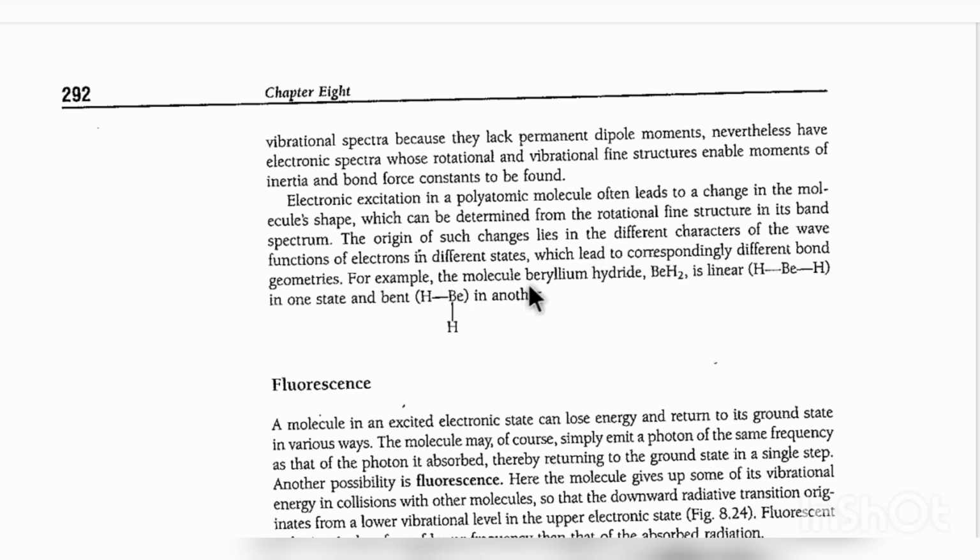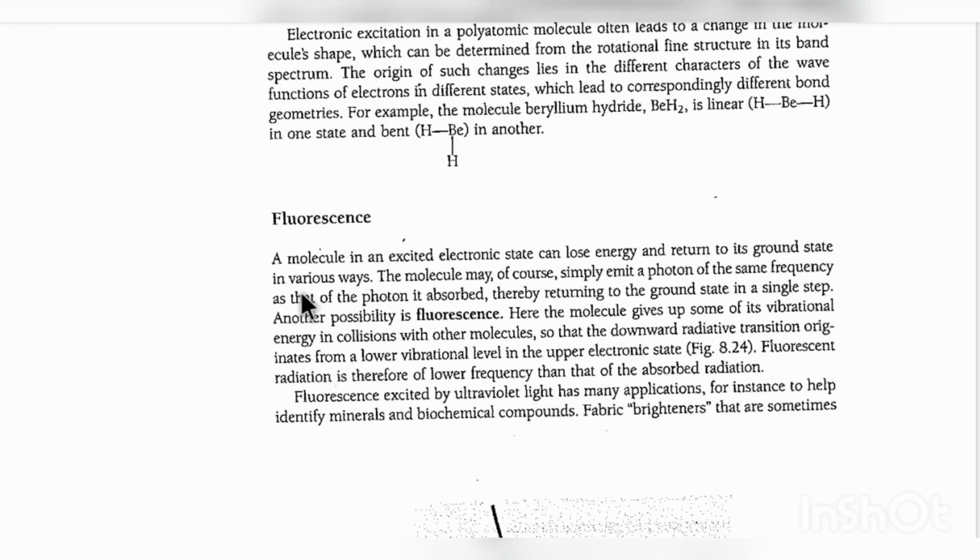For example, the molecule beryllium hydride, BeH2, is linear, with an H-Be-H bond in one state, and bent in another.